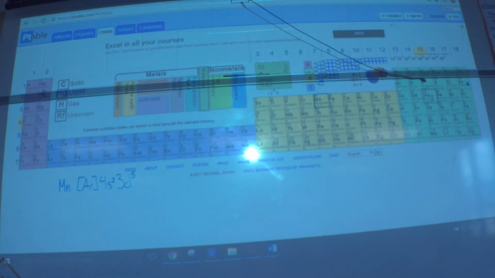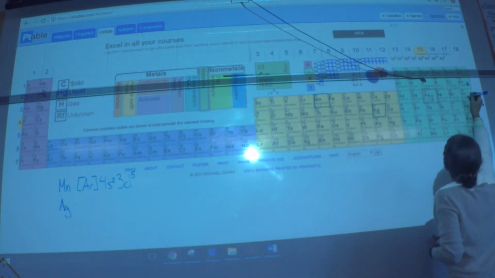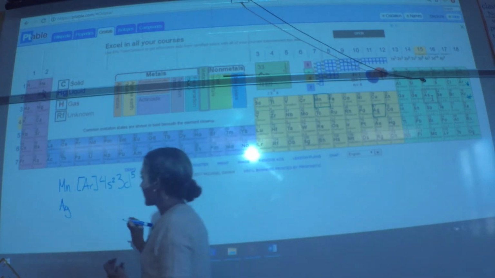Okay, let's do the next one. What's the next one? Silver. When it's a noble gas, it's a noble gas. We'll talk about that though. Don't let me forget. Okay, silver is right here. Krypton is right there, so we'll shortcut with krypton this time.